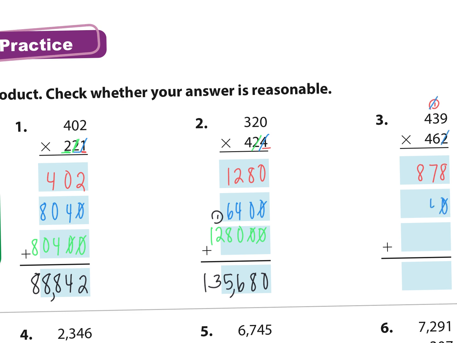Then 6 and 9 makes 54, carry your 5. 6 and 3 makes 18, plus the 5 is going to be 23. Carry my 2 above the 4. And then 6 times 4 is 24, plus that 2 is going to make 26. So that second partial product is going to be 26,340.